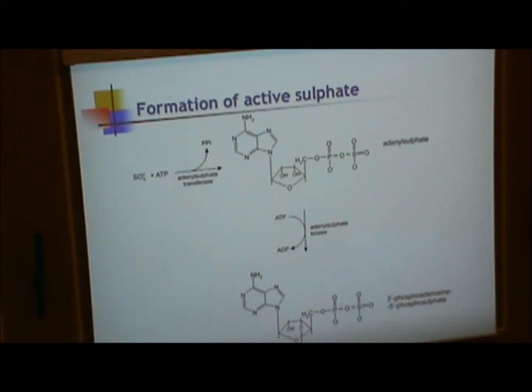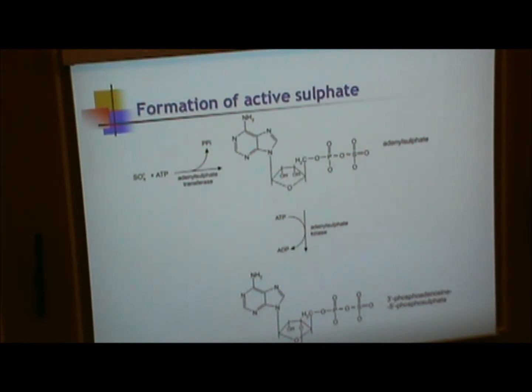Under the action of adenyl sulfate transferase, ATP is split with the release of inorganic pyrophosphate, and the adenyl group interacts with sulfate, forming adenyl sulfate. Adenine, ribose, phosphate, sulfate. Please look here. This bond is a highly energetic bond.